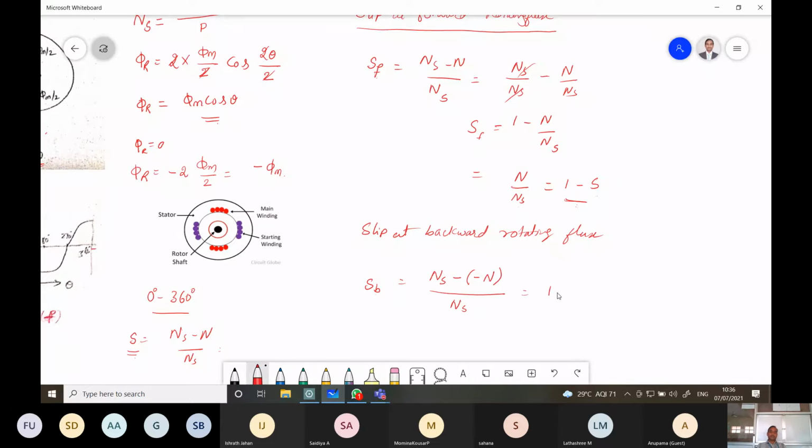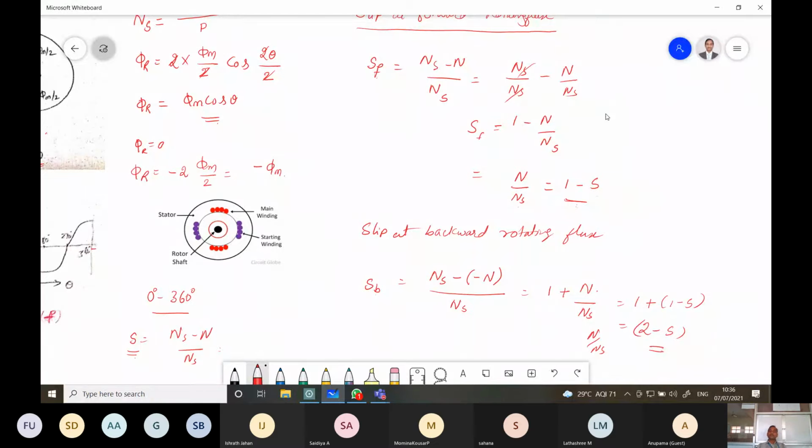So this becomes 1 plus n by ns. So this is equal to 1 plus 1 minus s. So this will become 2 minus s.